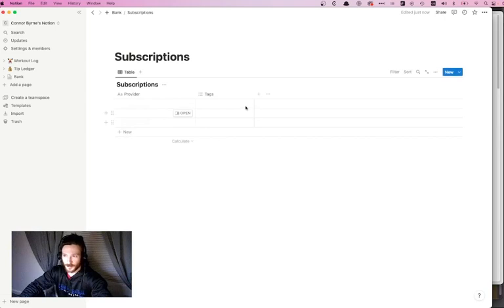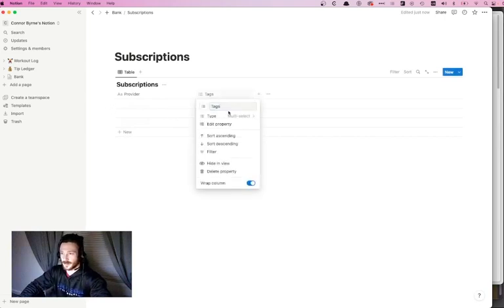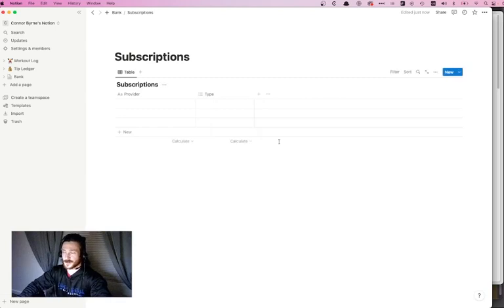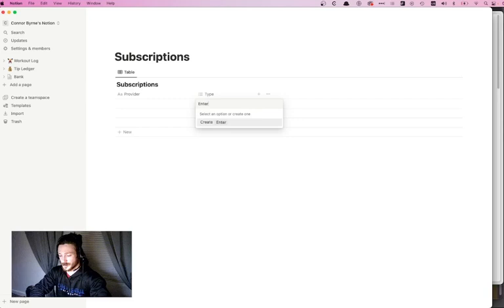Now, the provider is also going to have a type. I think it's important to know where your finances are going, so one place that your finances could go would be entertainment. Another would be maybe education. Another one, a lot of people have like iCloud or Google Drive, so let's find a storage type.